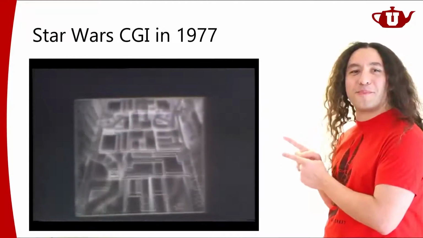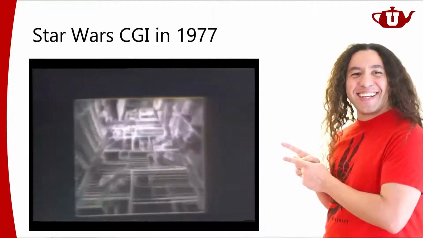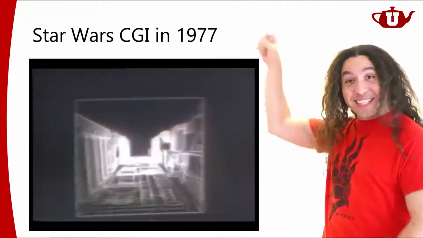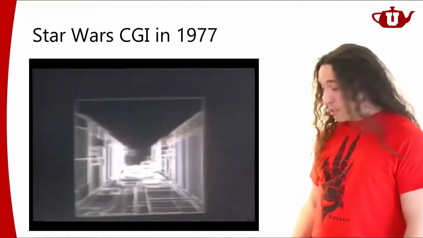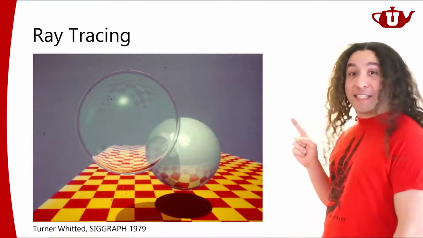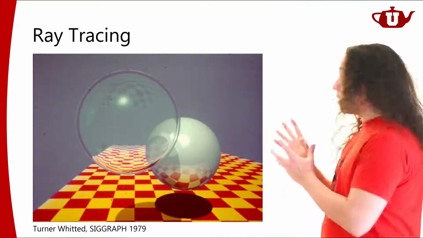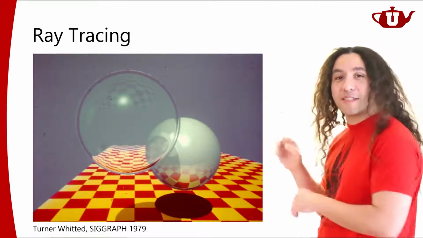This was the scene that was computer-generated. This was the state of the art in computer-generated images in 1977. So when people saw this, minds were blown, because you see all these reflections and refractions.